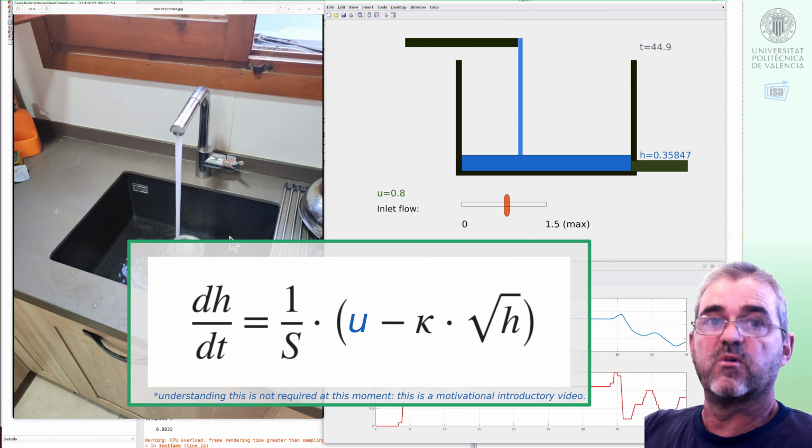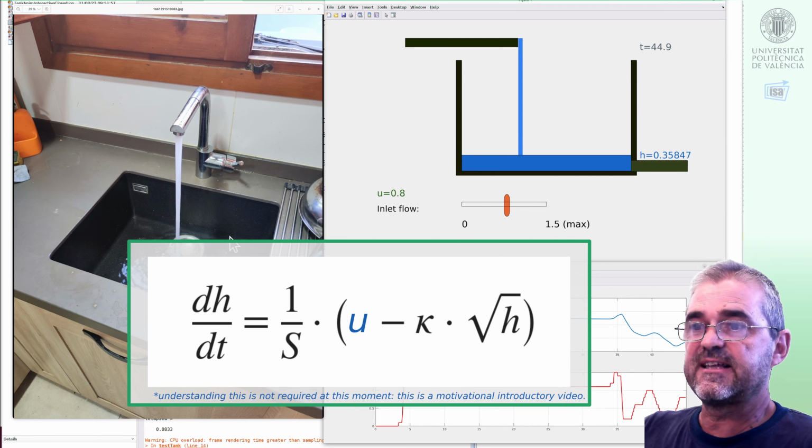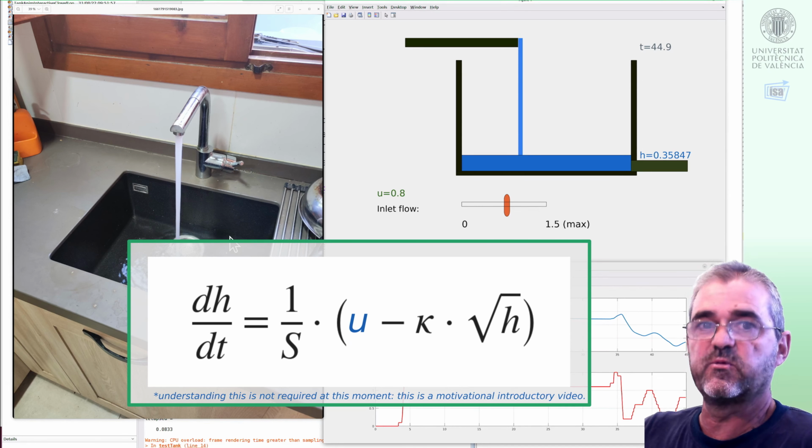This was a motivation for mathematicians to pursue the study of these differential equations, because that was the language of nature. Good. Then, with some math, you could estimate some properties of the kitchen sink so that you can roughly tell how long it takes to empty or to fill or whatever, or which level it will fill up to.